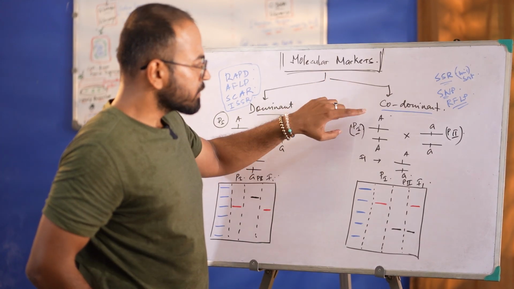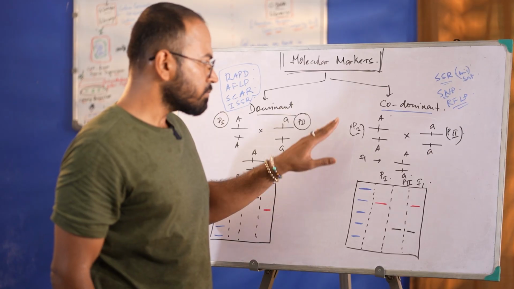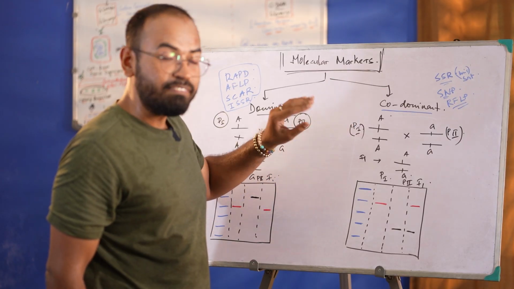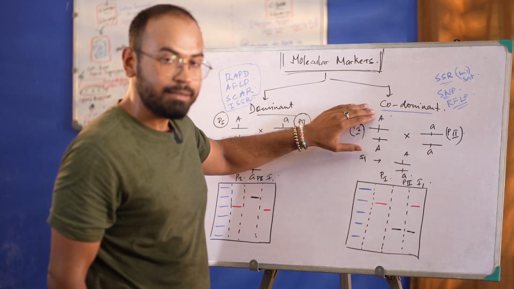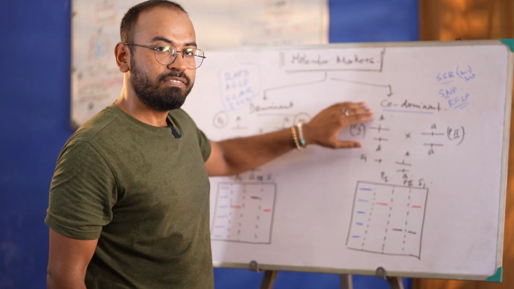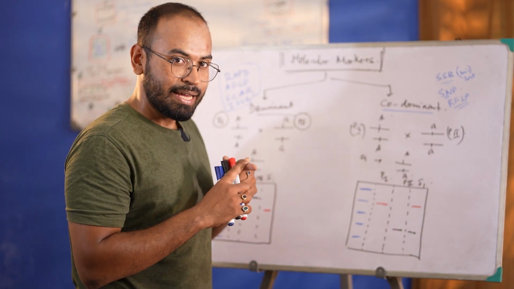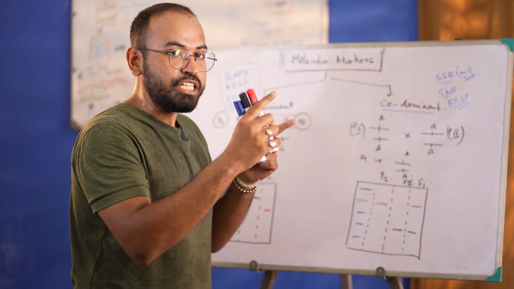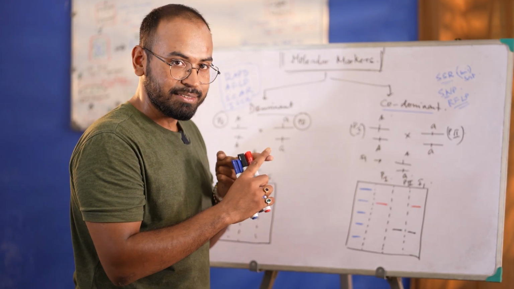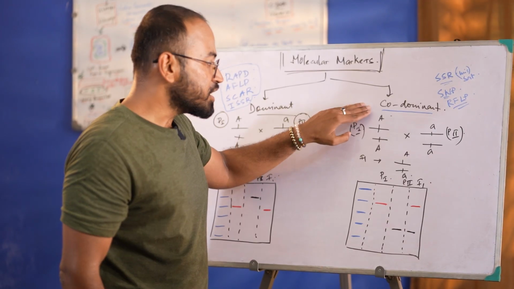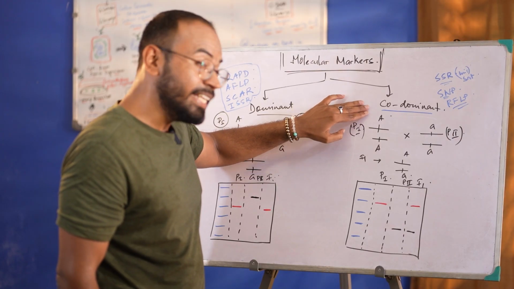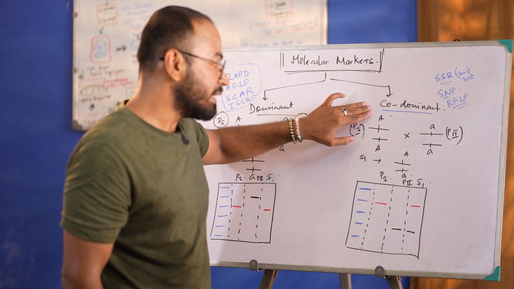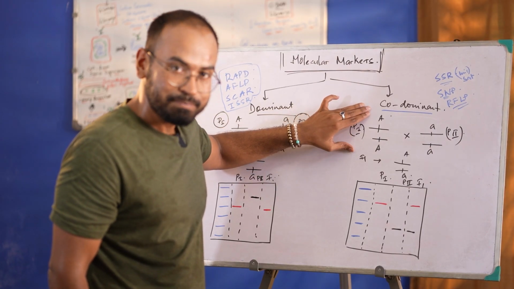Suppose capital A, small a. Suppose capital A consists of a genomic segment, and within that region there lies a restriction cutting site. This restriction cutting site will provide us with a fragment.